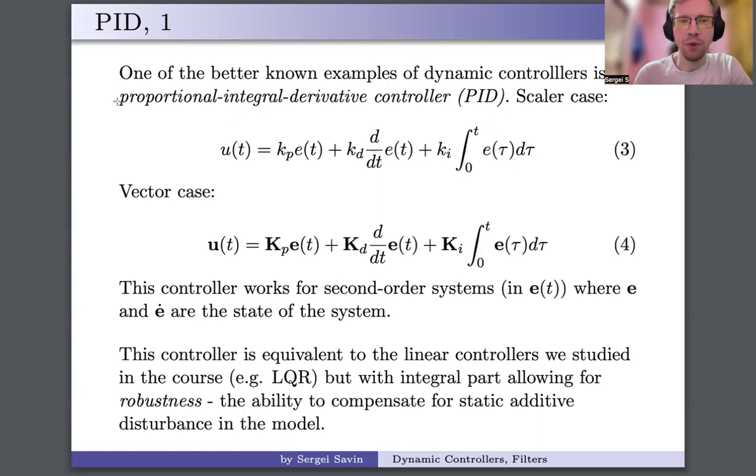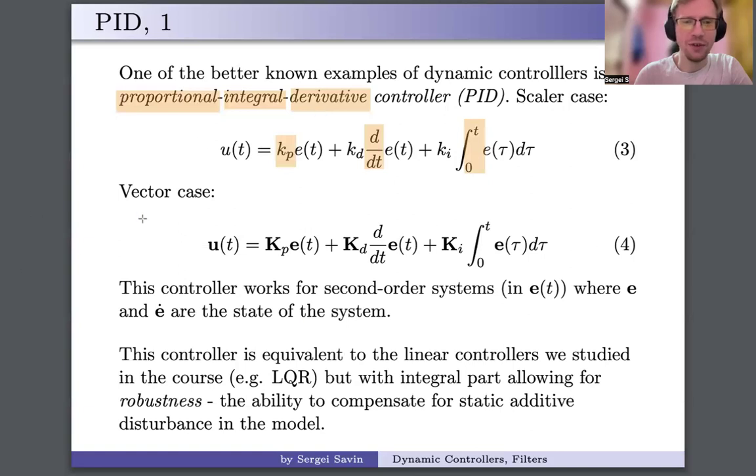PID is the proportional integral derivative controller. The name is greatly chosen, one of the better namings in the whole field, because it has proportional, integral, and derivative terms. Okay. Proportional, integral, derivative.